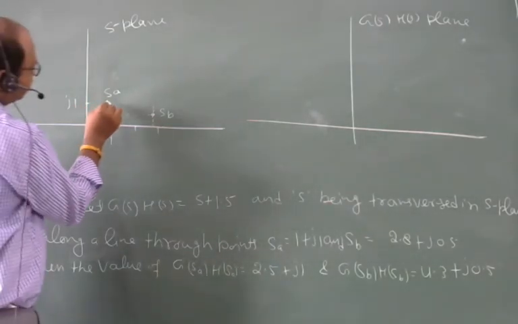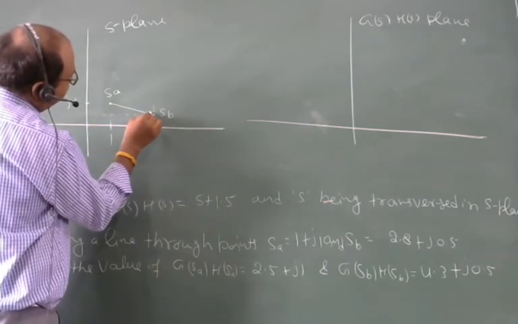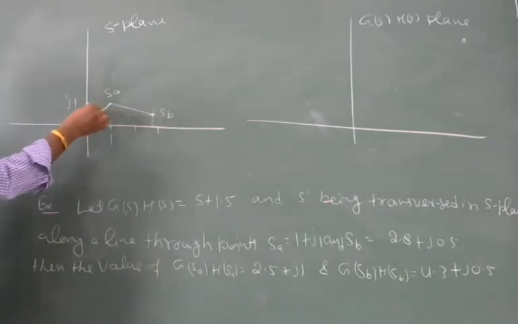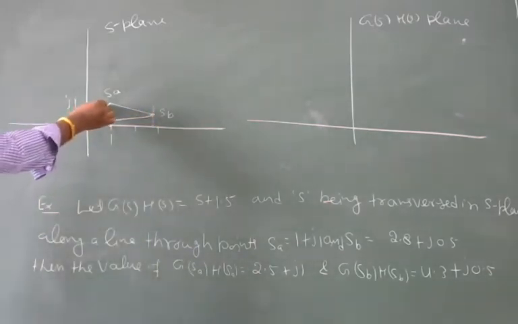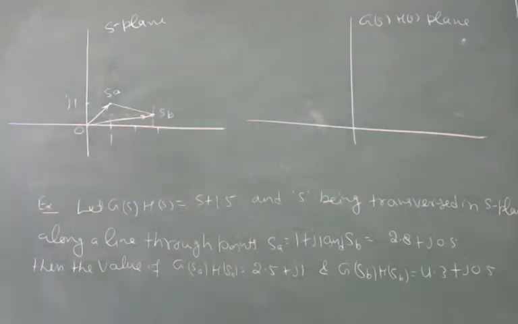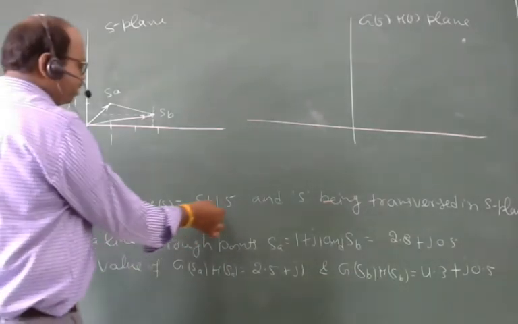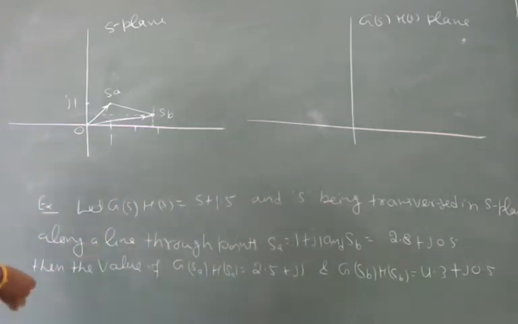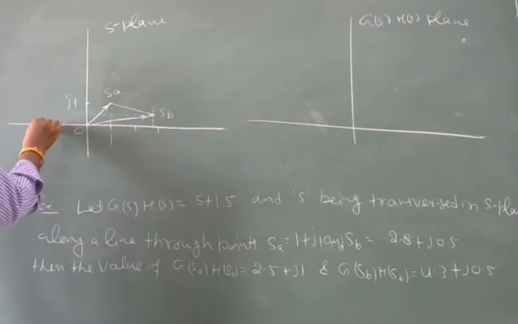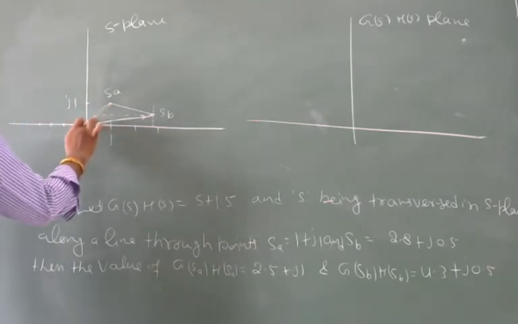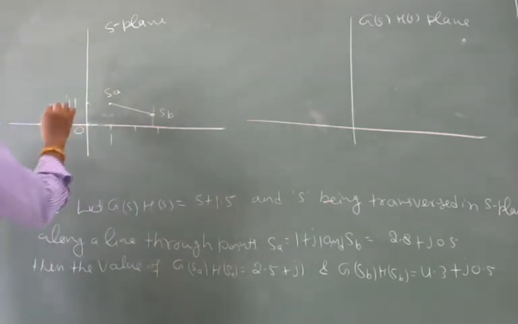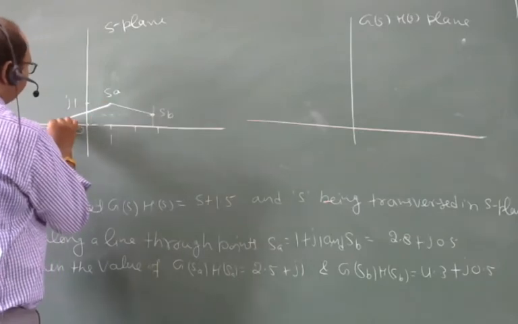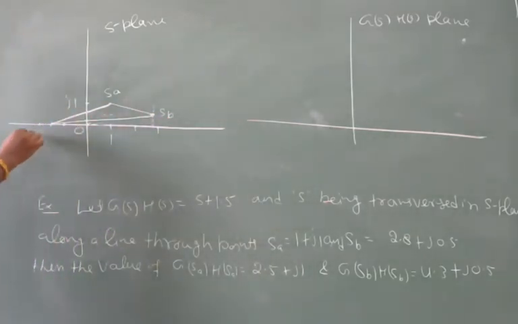If S is traversing from SA to SB, and since it is S plus 1.5, then this will be 0 when S is equal to minus 1.5.